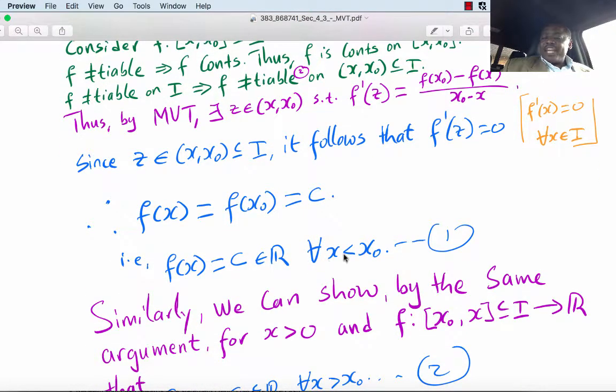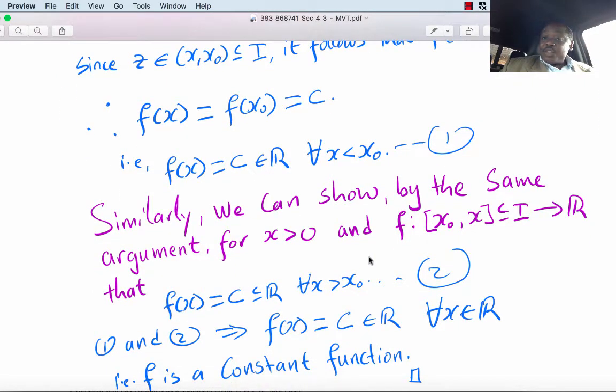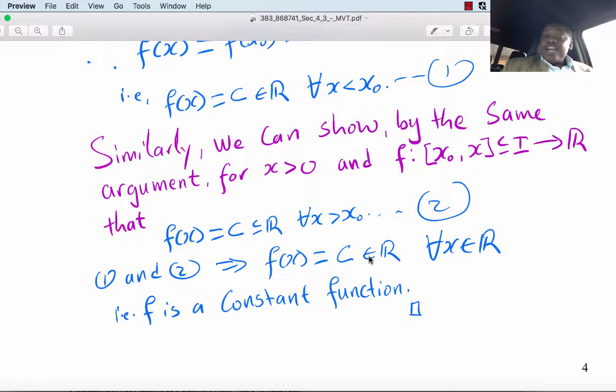And that holds for every x less than x naught. Similarly, we can show that it holds for every x greater than x naught. Of course, f of x naught itself equals c. So, f of x equals c for every x less than x naught.